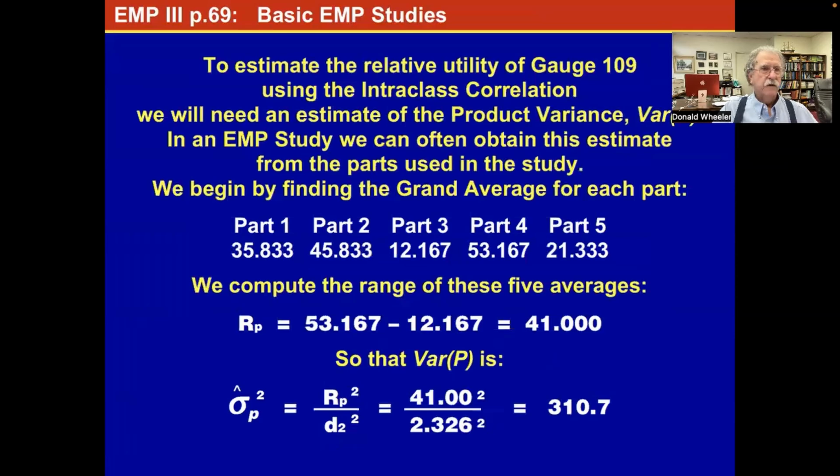To estimate the relative utility of gauge 109 using the intraclass correlation, we need to estimate the product variance, variance of P. In an EMP study, we can obtain this estimate from the parts used in the study. We begin by finding the grand average for each part. The range of these 5 averages is 41.